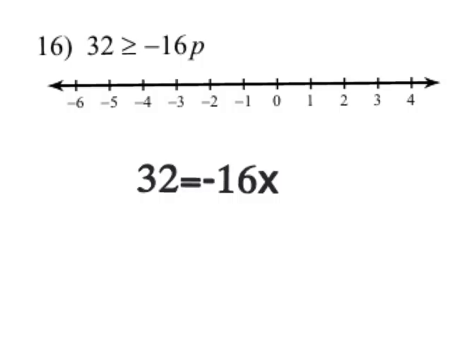Whenever I multiply or divide by a negative number, it's going to flip the sign. I know that this is actually a greater than or equal to sign. I just have it as an equal sign here so I can work it out. So I'm going to start by dividing by a negative 16, because I want my variable by itself and I want it positive.